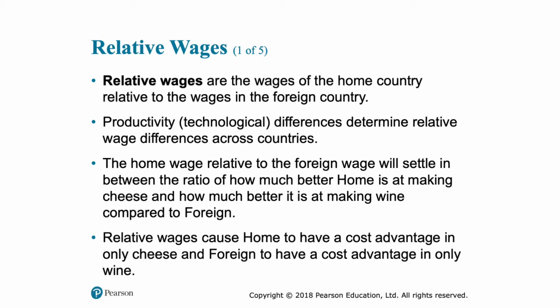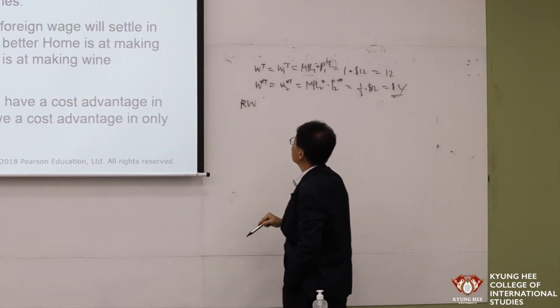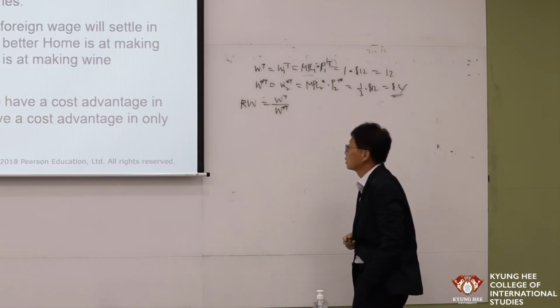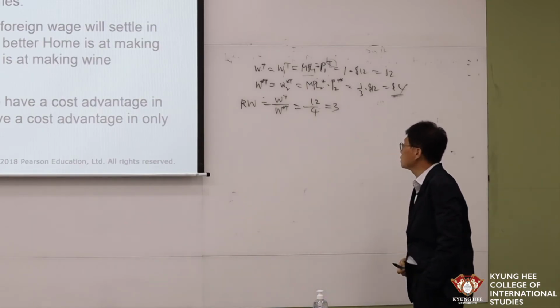Then the next question is this. Relative wages. I ask you to calculate the relative wage in home and the relative wage in foreign. The definition of relative wage in home is the wage rate in home divided by the wage rate in foreign. Right? What is this? $12 over $4. So 3. What's the meaning of this?